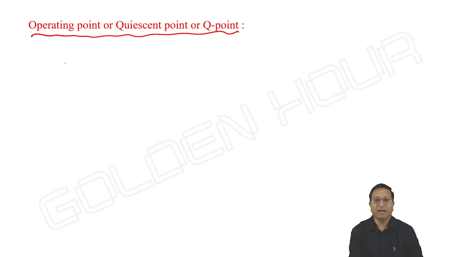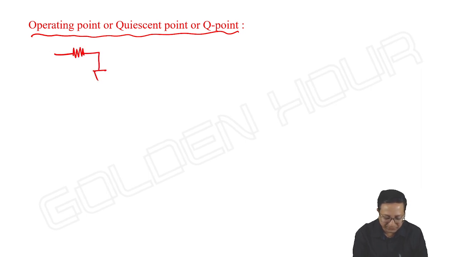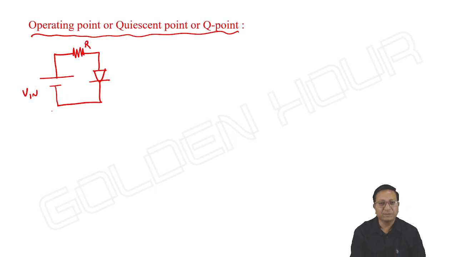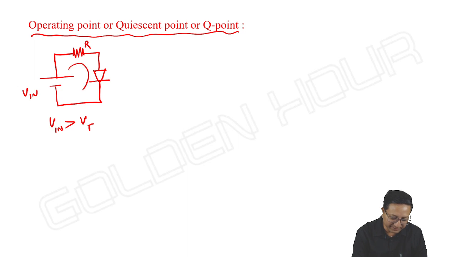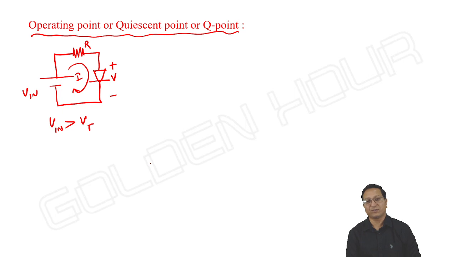For example, I'm taking a simple diode circuit. Some input voltage is given, with resistor R. Let us assume the input is greater than the cut-in voltage of the diode, V gamma. Then definitely the diode is under conduction. Once the diode is in conduction, there is a current flow in the circuit and there is some voltage V across the diode.